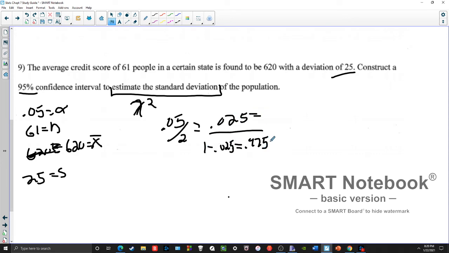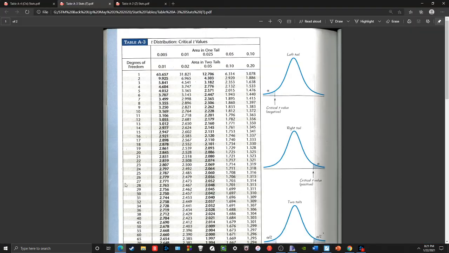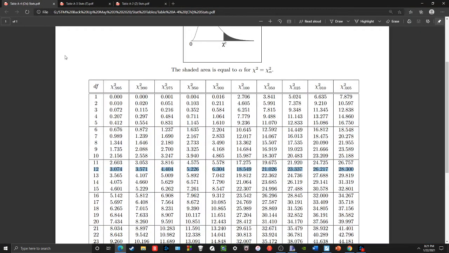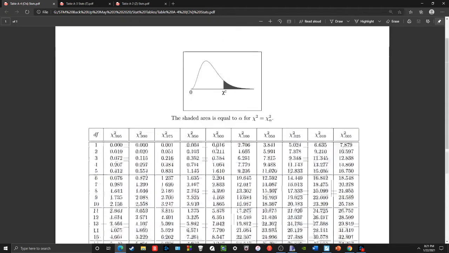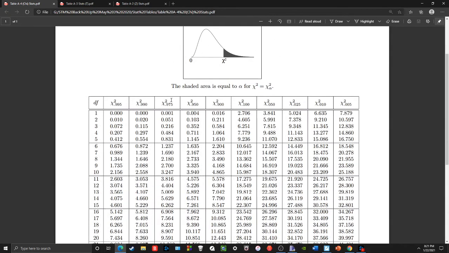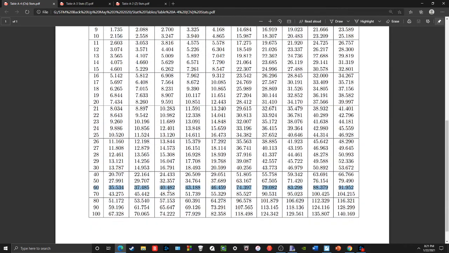So I'm going to look up both of these with a degrees of freedom, a DF, of 60, because that's 1 less than 61. So you go to my little table here for chi-squareds, 60. And so for 0.975, the third column over, that's going to be 40.482.